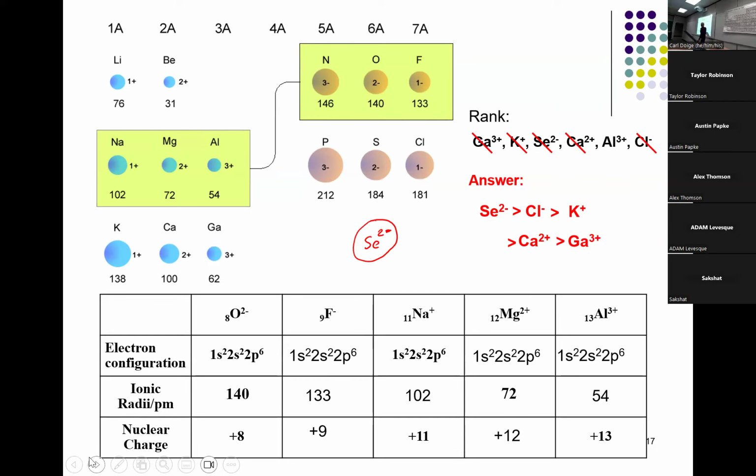Well, aluminum's up here. It's just above. So what's the trend going upwards? It gets smaller. So yes, aluminum will be the smallest. So it'd be something like that. So again, you have to watch what you're comparing.